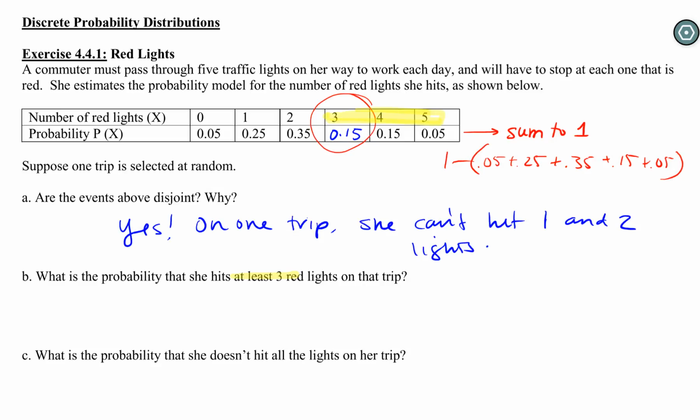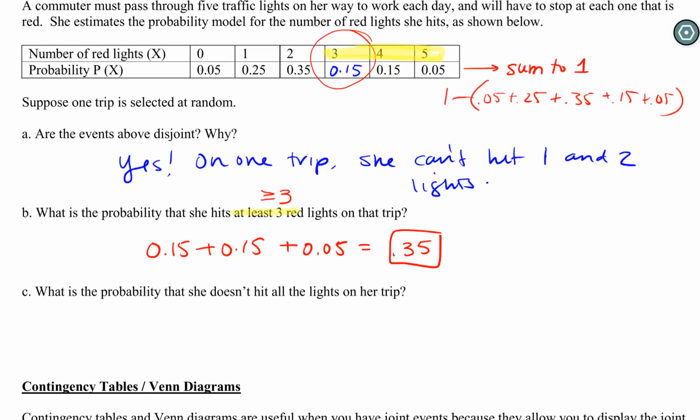So our outcomes 3, 4, or 5 lights are the ones that we care about. And since these are nice discrete events, you could write probability of 3 or 4 or 5 and use the addition rule, or you can just more common sense this particular question in my mind and just add those probabilities all together. But the reason we're adding them together is essentially that we're using the addition rule for disjoint events.